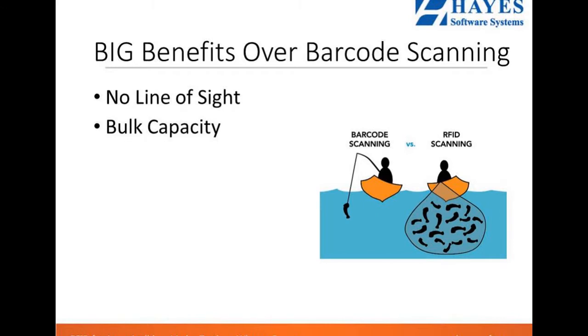This advantage eliminates the need to position the laser of your scanner across the entire barcode on your asset, allowing RFID to be used when the RFID tag is not in direct view of the scanner or the inventory taking staff member. The second benefit is speed. RFID tags can be read at phenomenal rates. Asset inventory can be taken very quickly, as one RFID handheld can count hundreds of assets simultaneously in the same time it takes for a single barcode scan.